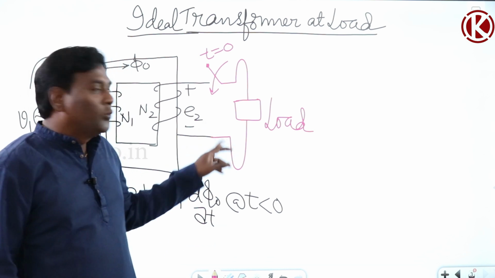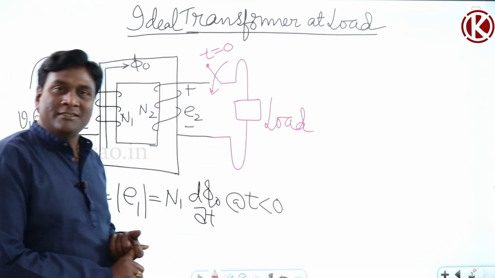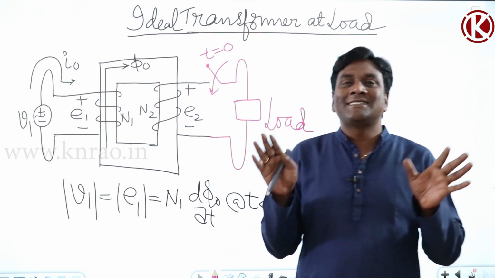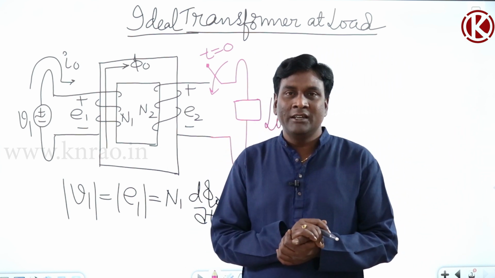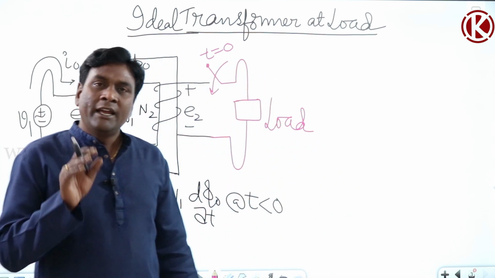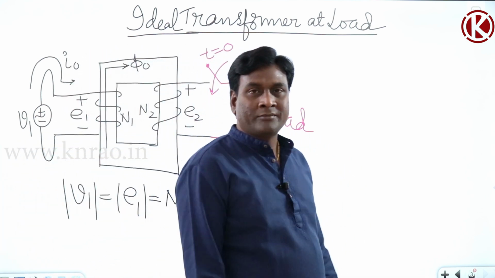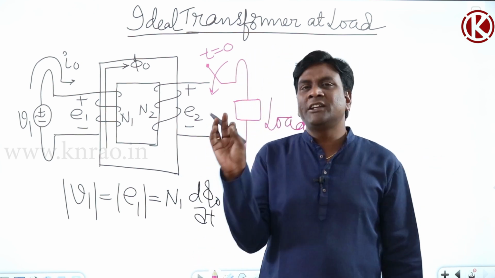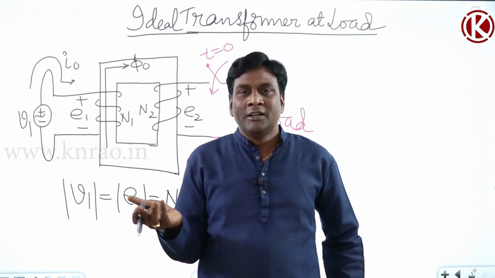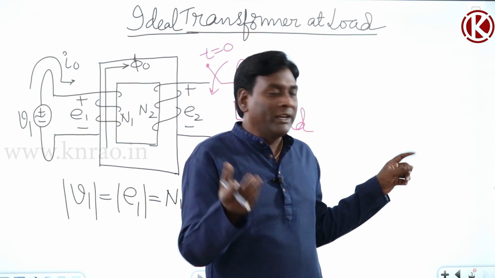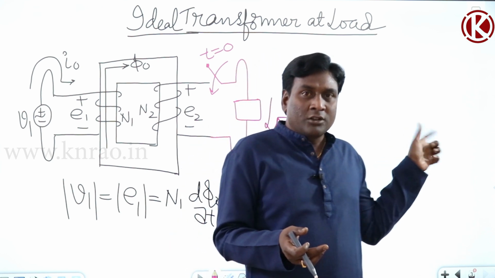So do we need to do transient analysis here or not? No, we are supposed to do steady state analysis. For example, at your home there will be a ceiling fan. You switch on the ceiling fan, and it keeps on rotating. You are not going to play with the ceiling fan at home, saying stop, will you?